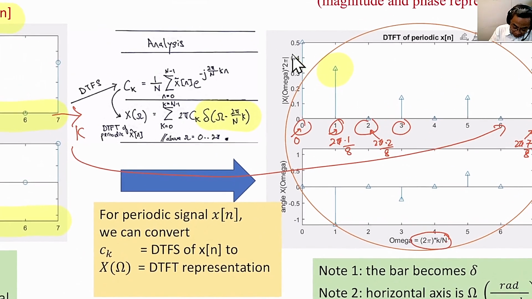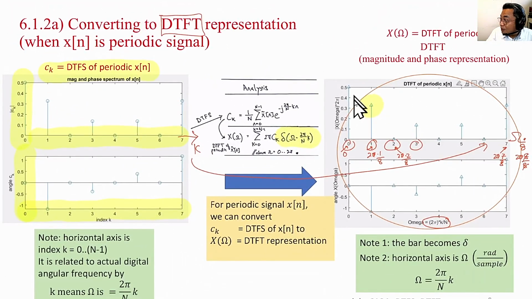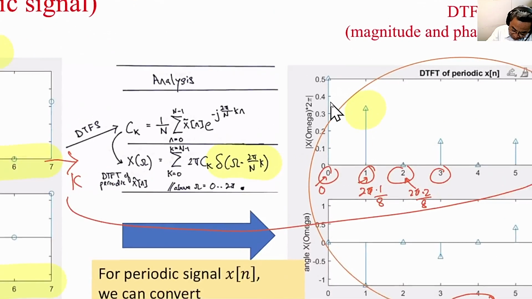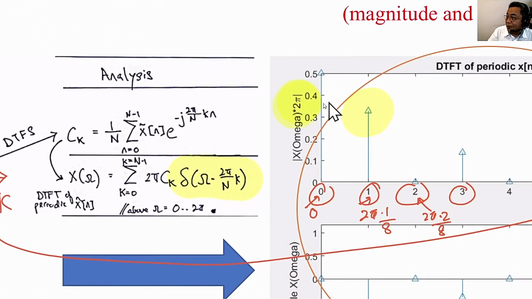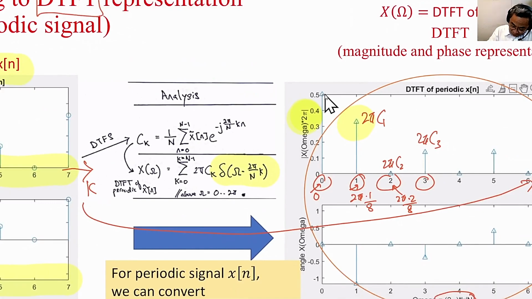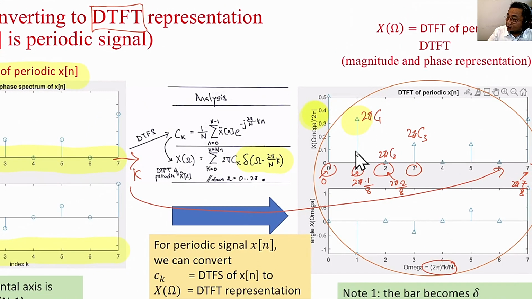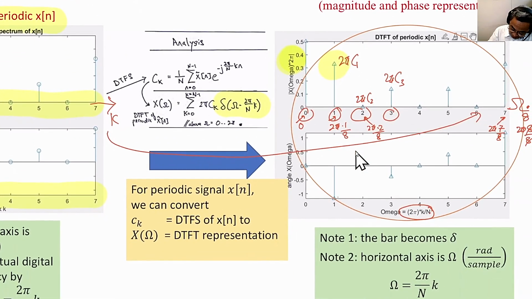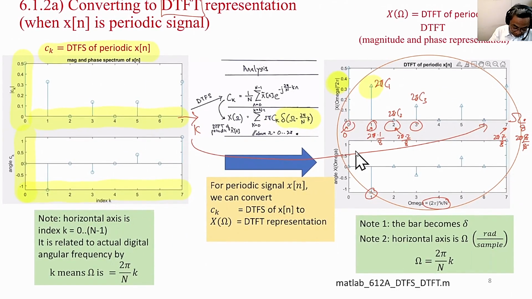If you compare this plot and this plot, they are the same value, but because I have said that these values are multiplied by 2 pi, it should be 2 pi times c1, this is 2 pi times c2, this is 2 pi times c3, and so on and so forth. So this is the magnitude plot, and of course in the phase plot, we don't multiply by 2 pi.